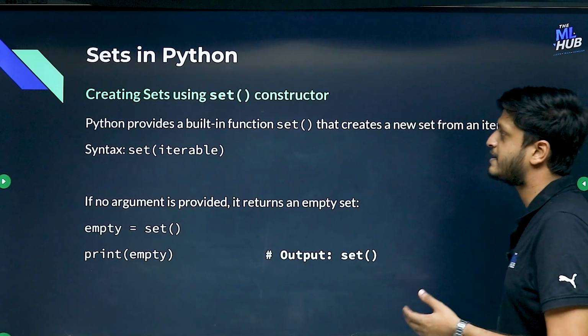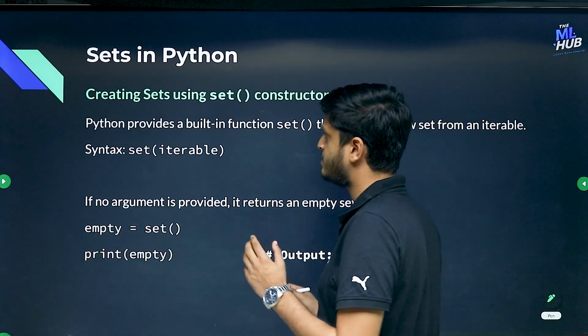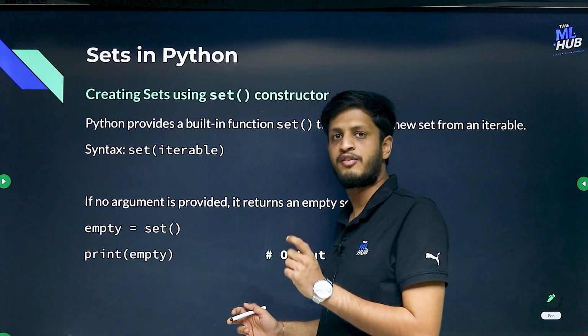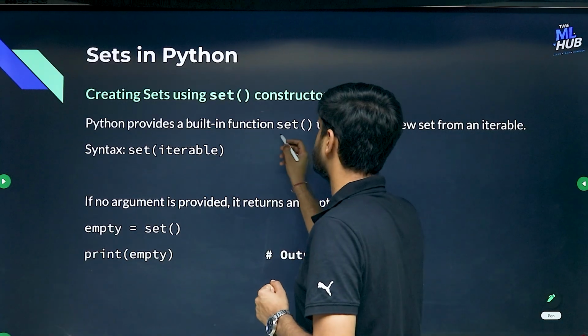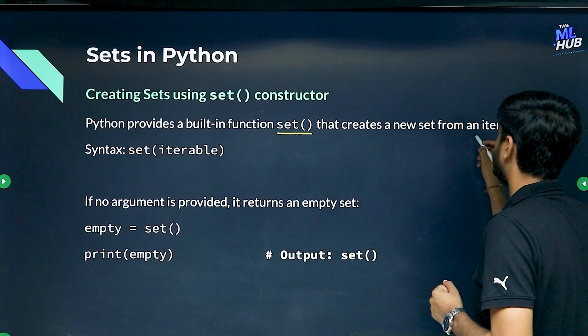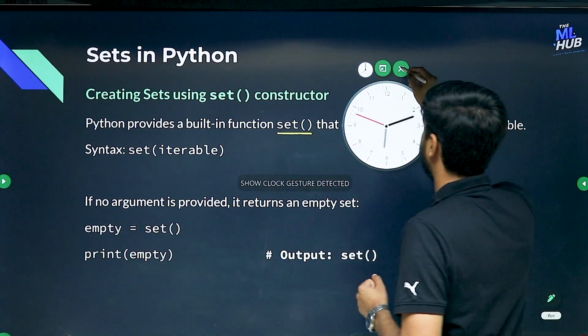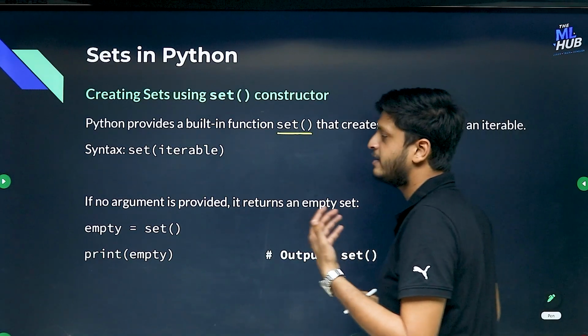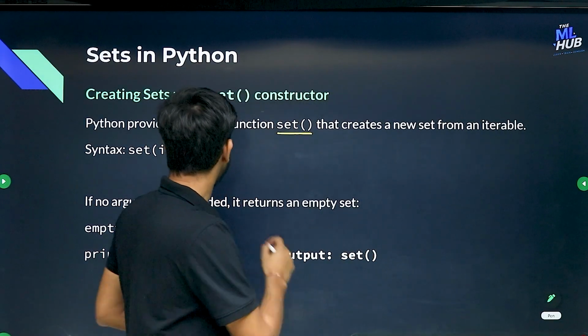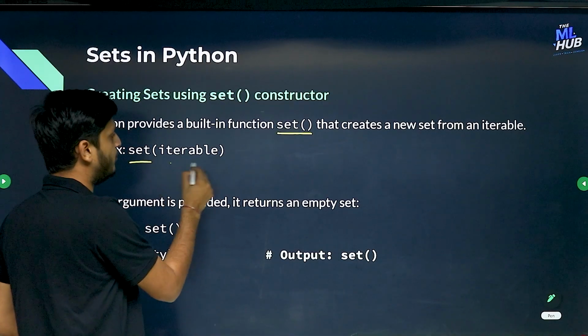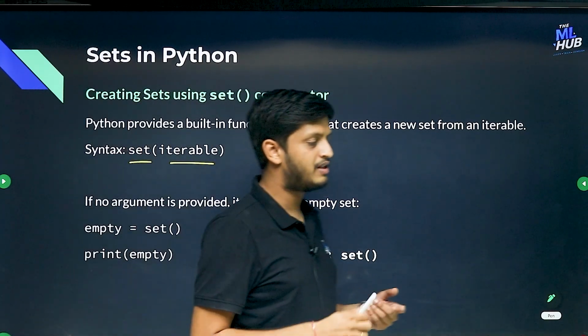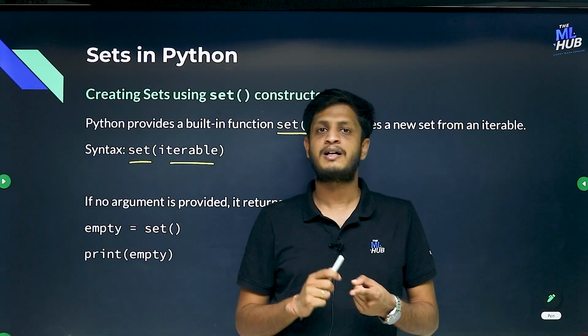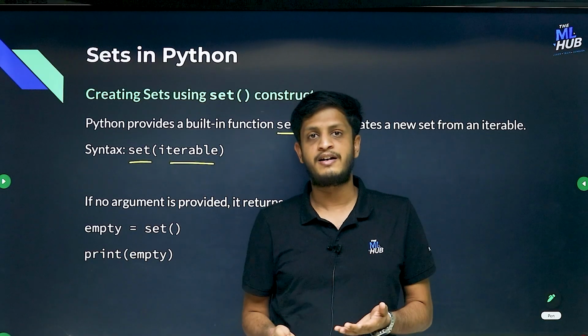Now if you want to create a set using the set constructor, you can do that. Just like list and tuple, we have a set function. Python provides a built-in function set that creates a new set from any iterable. You just need to provide it an iterable and it will create a set out of it. So the syntax is set, and in the brackets you provide an iterable. A string is an iterable, a list is an iterable, a tuple is an iterable, even a set is an iterable.